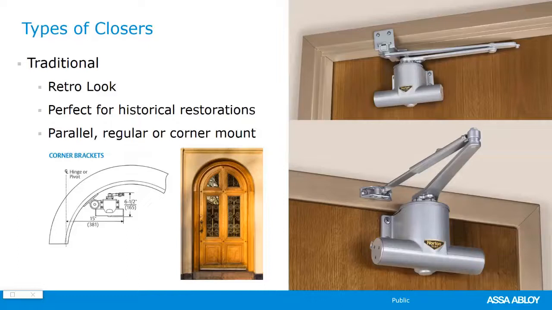It's coming back every year. Our sales for this door closer increase 30 to 50% because people like that look when they're trying to restore these really cool old buildings. So it's definitely something that you can consider. Not that many arm configuration options, not really that many ways that you can mount it, but definitely if you have an arch topped door and frame, the corner bracket makes it a lot easier to do that.